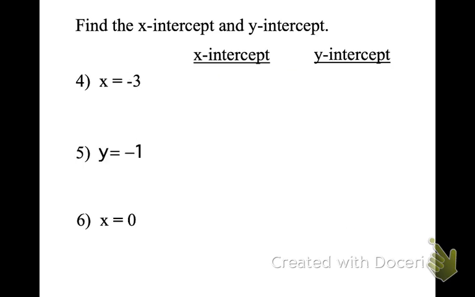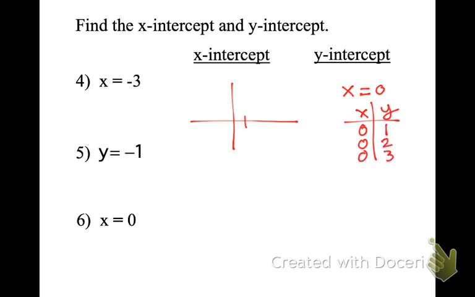Okay, let's jump down to number 6. I'm going to draw it. X equals 0. So, what goes in my table? In the x column, you write 3 zeros, and then in the y column, you choose your y.